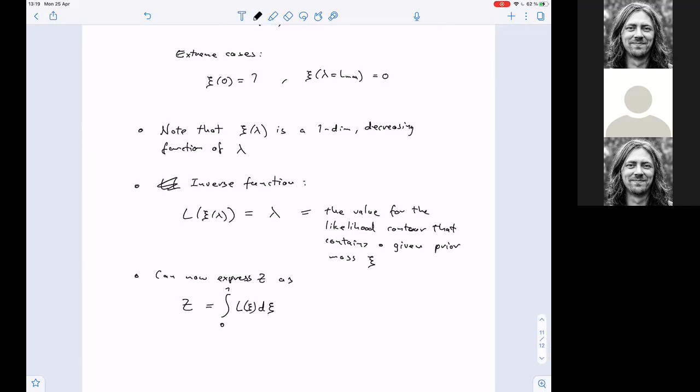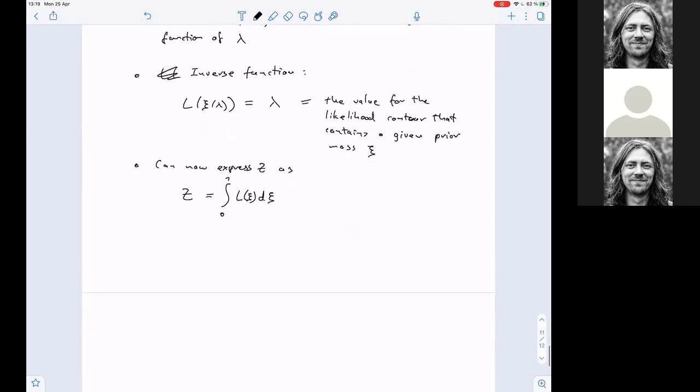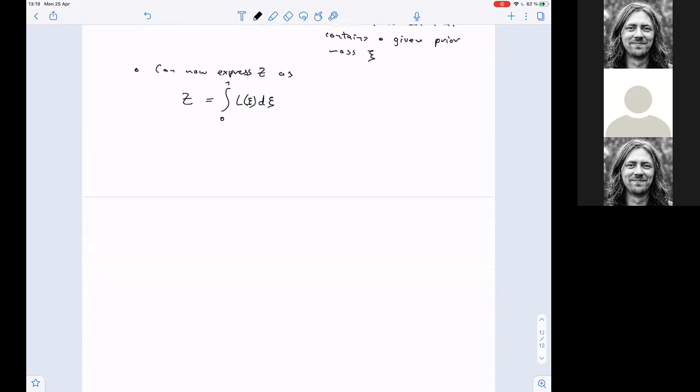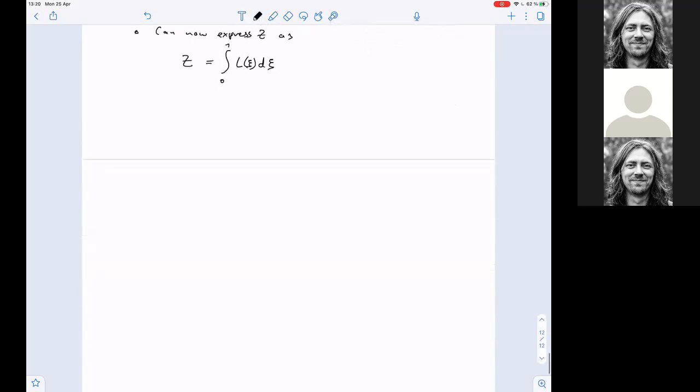What we integrate is this likelihood as a function of prior mass. So now we have reduced this into a one-dimensional integral. That doesn't mean that our work is done, because we need to find these values.